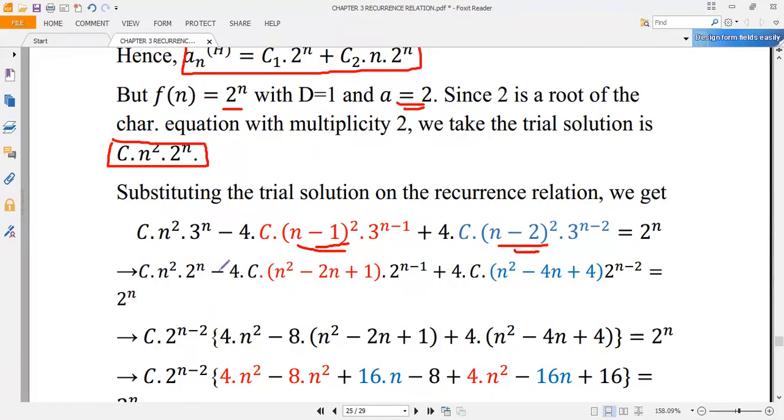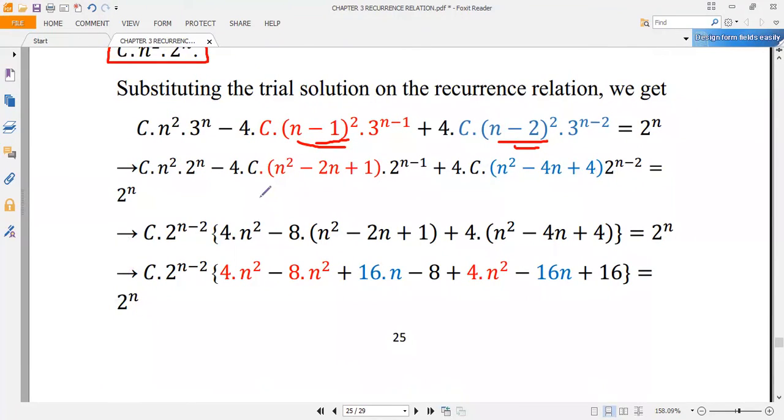So c times n squared times 2 to the power of n, minus 4 c times (n squared minus 2n plus 1) times 2 to the power of n minus 1, plus 4 times c times (n squared minus 4n plus 4) times 2 to the power of n minus 2, which is equal to 2 to the power of n. Now, let's take the common term on both sides.